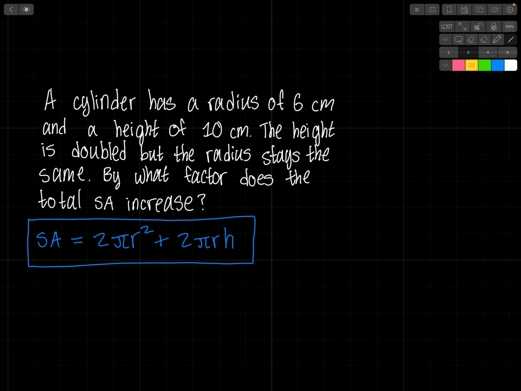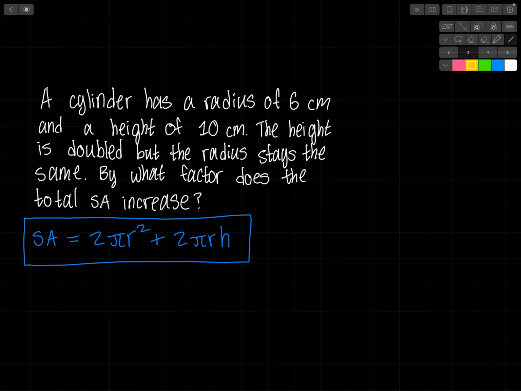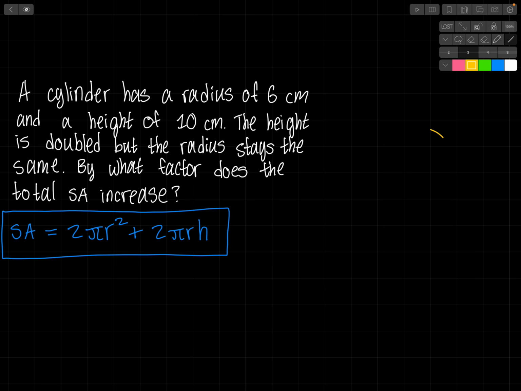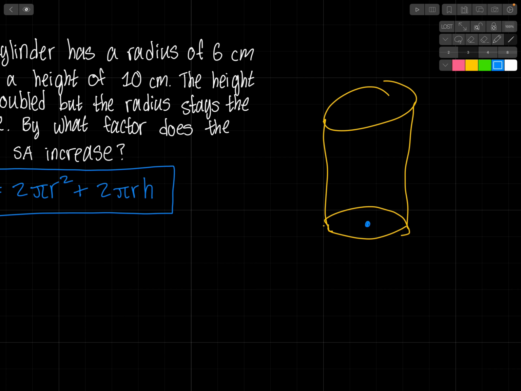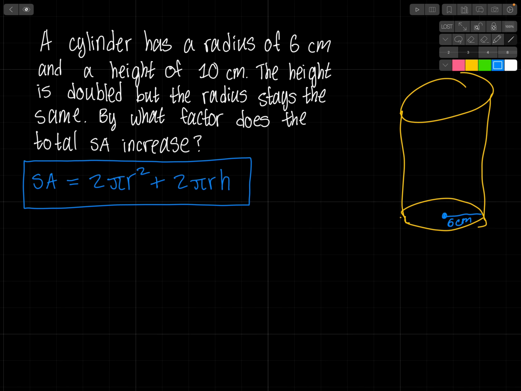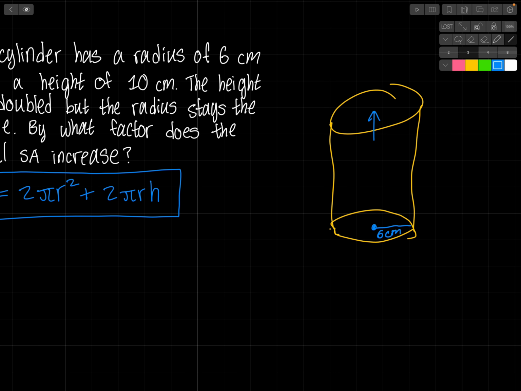Now let's go with surface area. So a cylinder has, okay, let's just draw the cylinder. Boom. Okay, so a cylinder has a radius of 6 centimeters and a height of 10 centimeters.